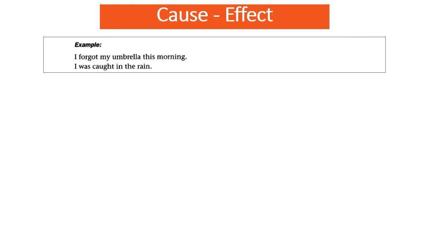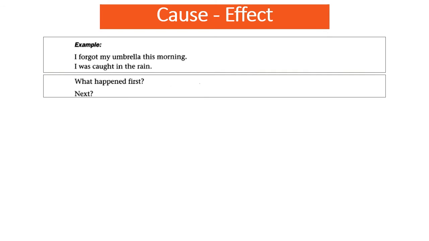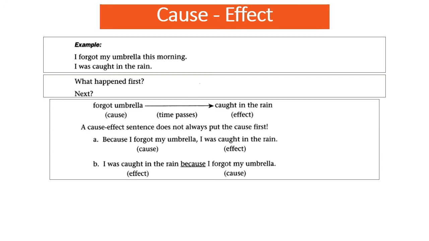Now look at the simple example here. Here I have two events. First is I forgot my umbrella this morning, and the second is I was caught in the rain. And the question is what happened first and what happened next? Okay, so the first event that happened is I forgot the umbrella, and the second event is I was caught in the rain.